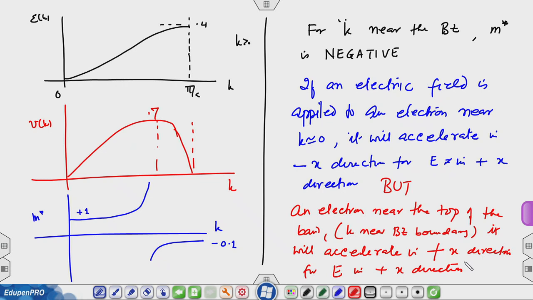So, the electron near the top is behaving as if it is a positively charged particle, and that is understandable because near the top of the band or near k equals the Brillouin zone boundary, a lot of momentum from the crystal lattice is transferred to the electrons, and therefore, it may accelerate the other way rather than the normal way.